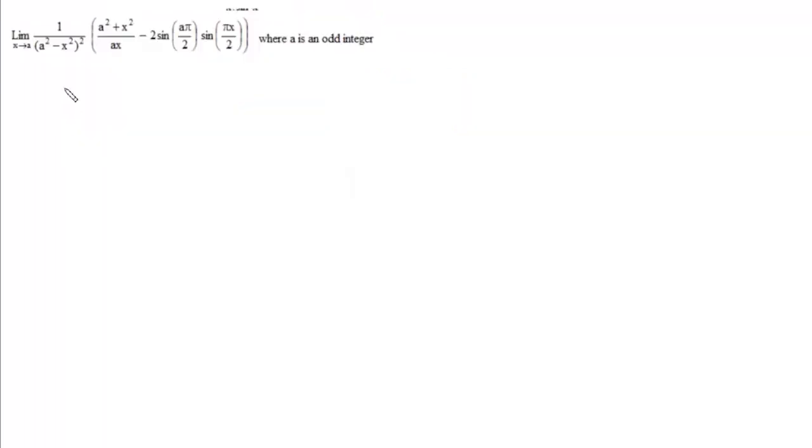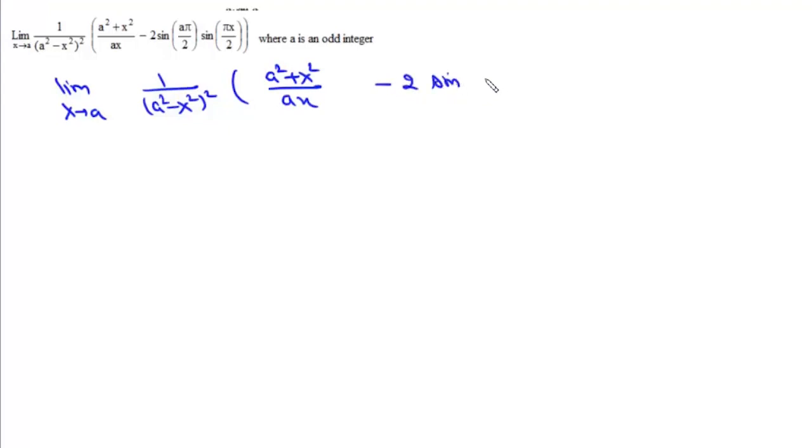Now here the question is, we need to solve this limit x tends to a of 1 upon (a square minus x square) whole square, and then we have (a square plus x square upon ax minus 2 sine a pi by 2 into sine pi x by 2).